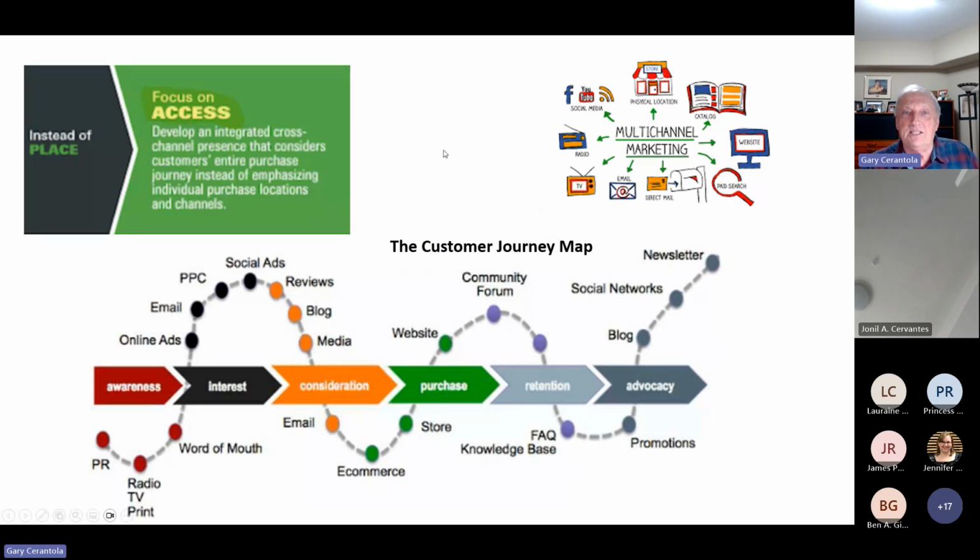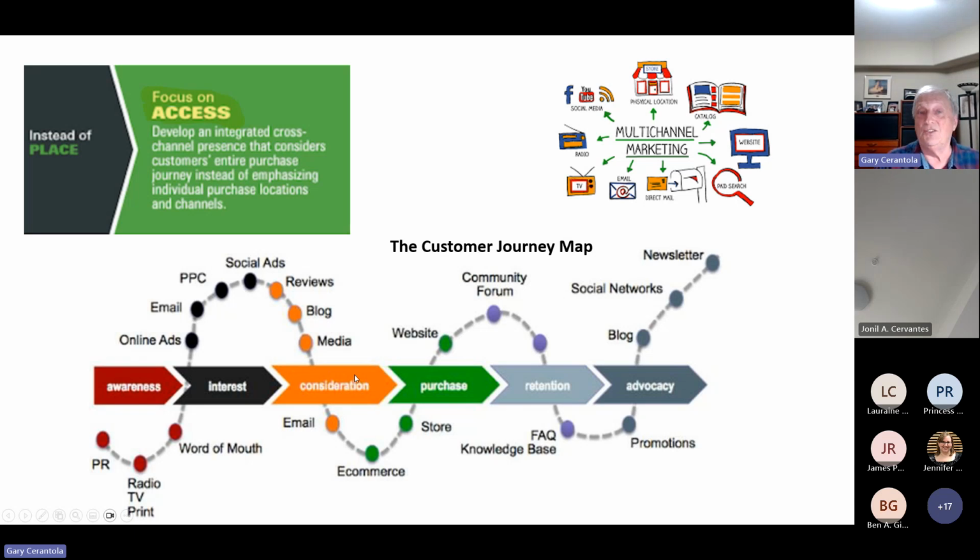I said I was going to introduce you to the customer journey, and what the customer journey is about. This really is the sales process. You make a customer aware. You catch their interest. You entice them to maybe trial your product, and you can see that especially digitally.